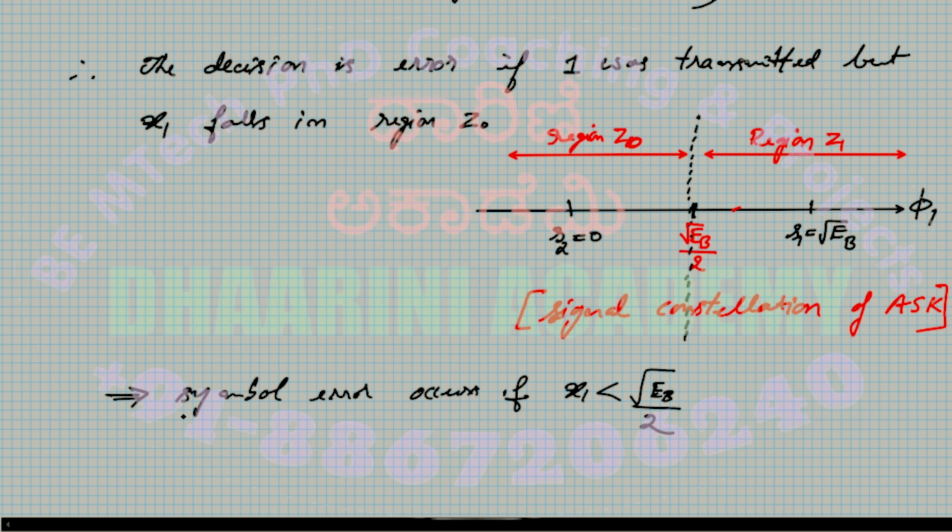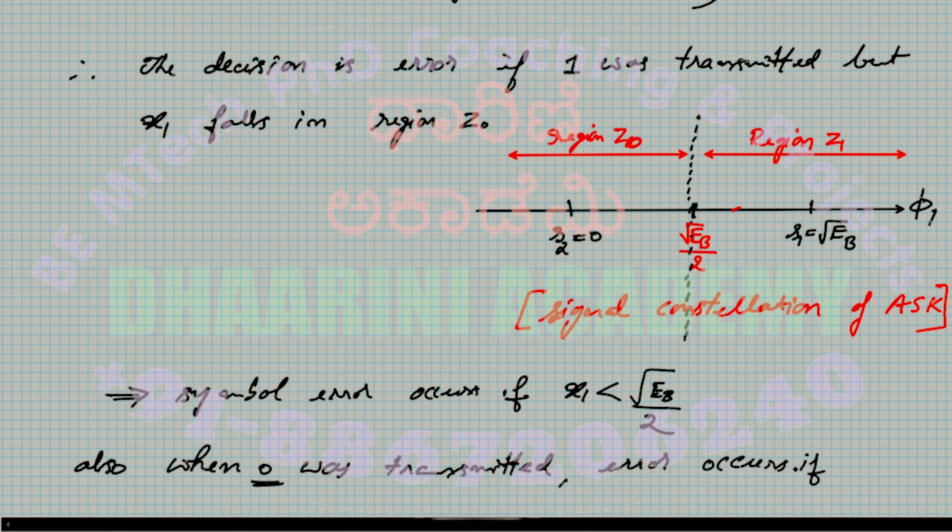Similarly, when 0 was transmitted, error occurs if, what's the condition?